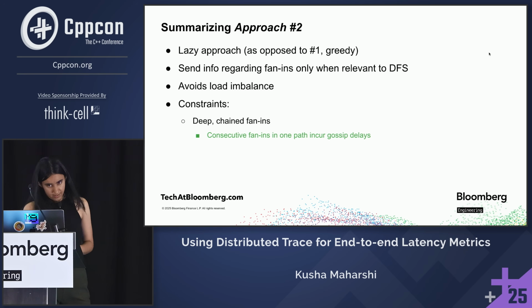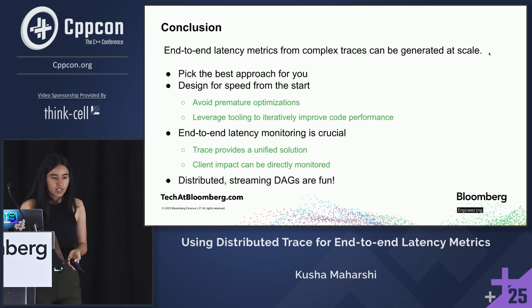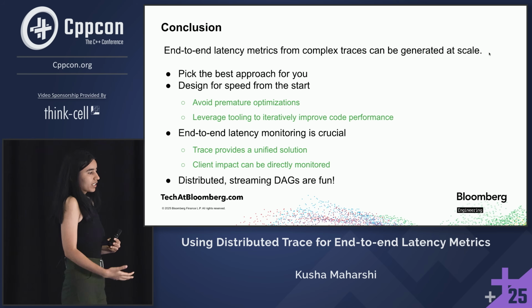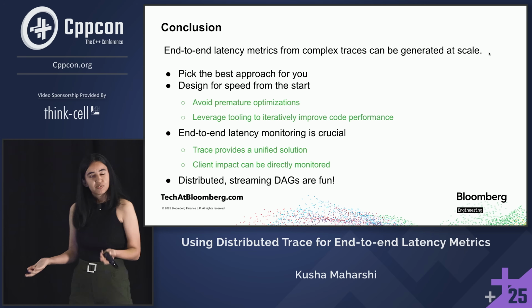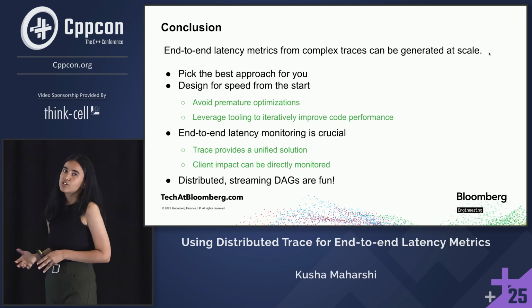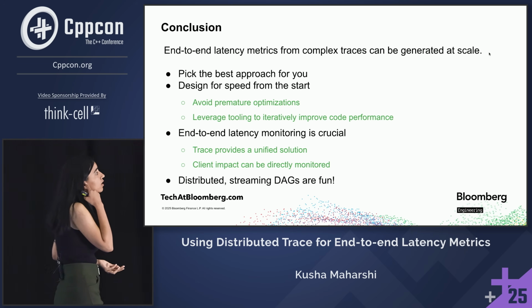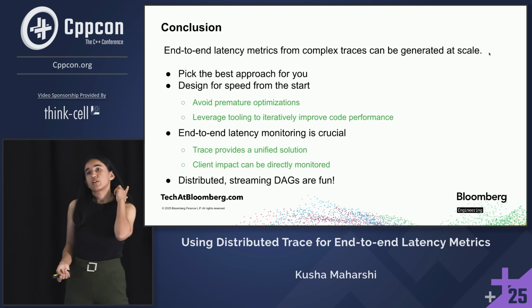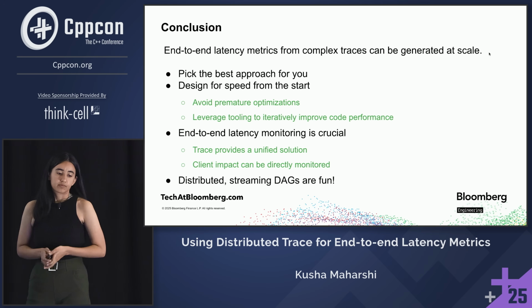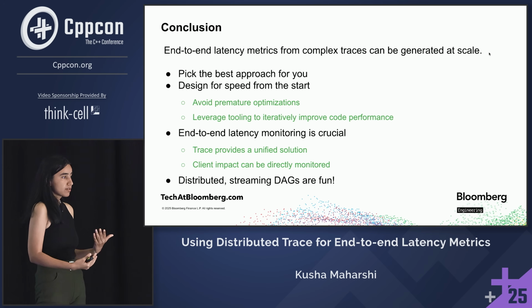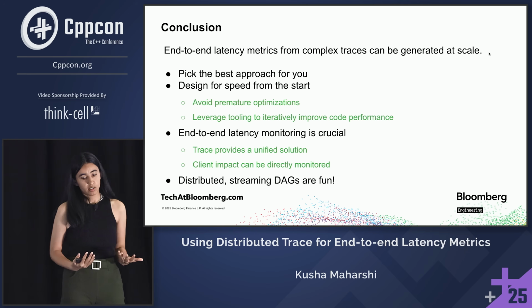But all of that is to say, in conclusion, that even though it's complicated, end-to-end latency metrics can be generated at scale. The key is to pick the approach that's best for you, or a hybrid of approaches, with some operational knowledge about your users. One thing that was important to us was to design for speed from the start.